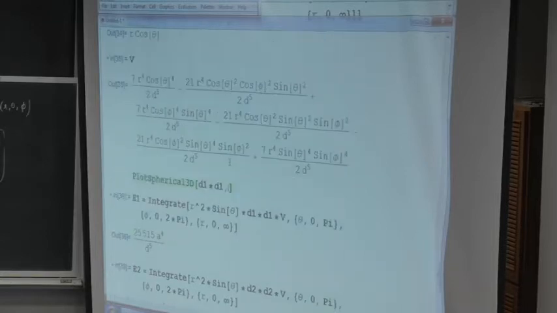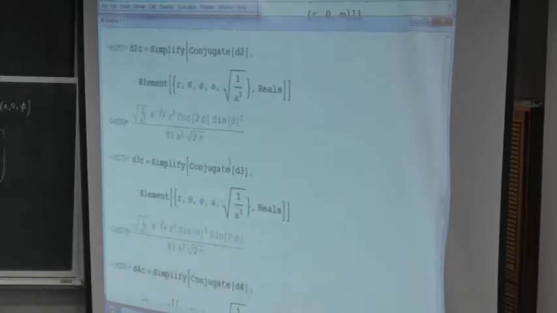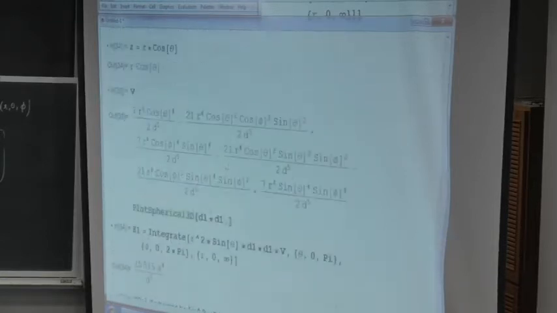I don't want to plot all of d1 because they have R components as well. I just plot the spherical harmonics, okay? I don't want to plot the R component, that's going to be a big mess. Let's plot dz square.